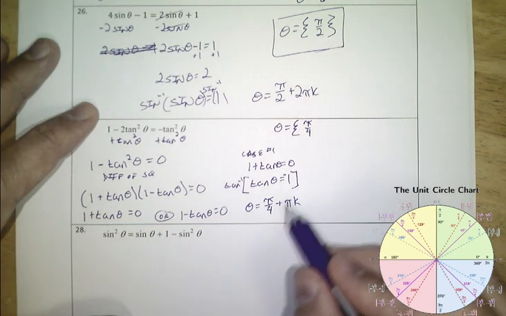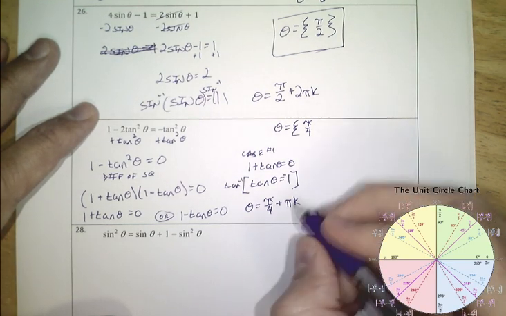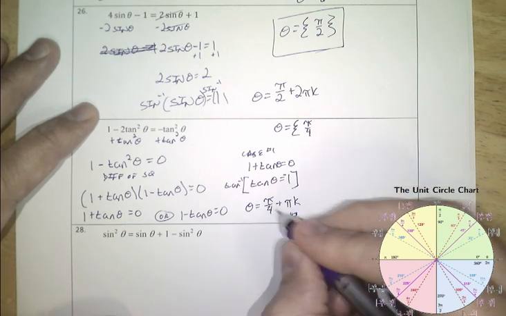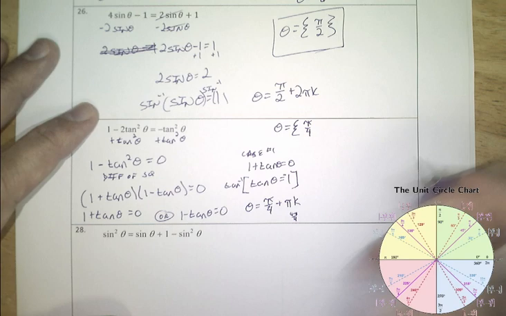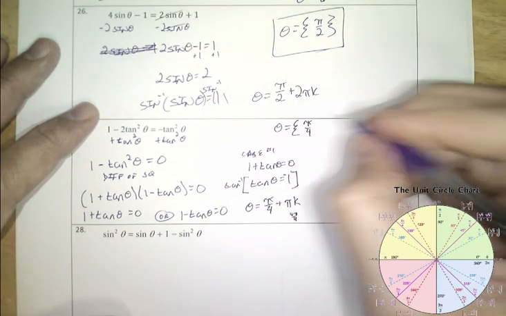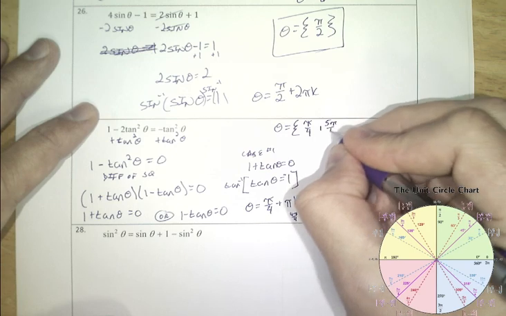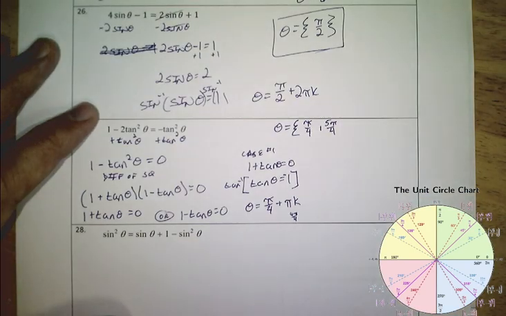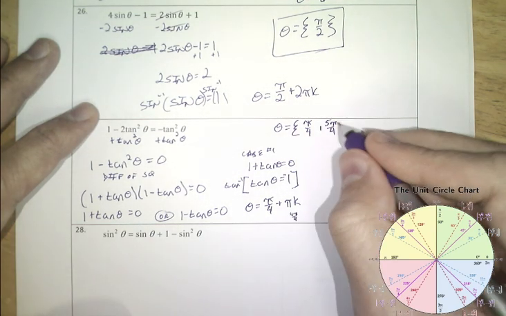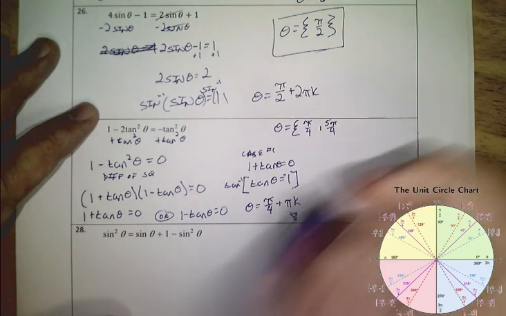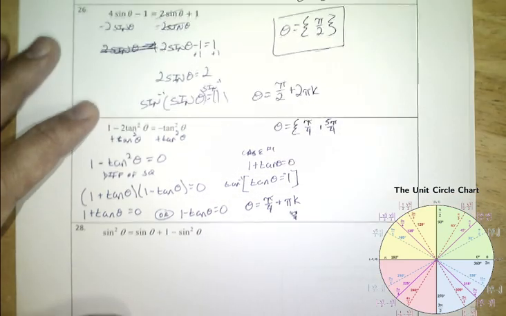Now if I add pi to this, so I'm going to add 4 pi over 4, I get 5 pi over 4. 5 pi over 4 is also on the first rotation of the circle. So that one works. And then if I add another pi, that would be 9 pi over 4, which is too much. So those are two of our solutions.